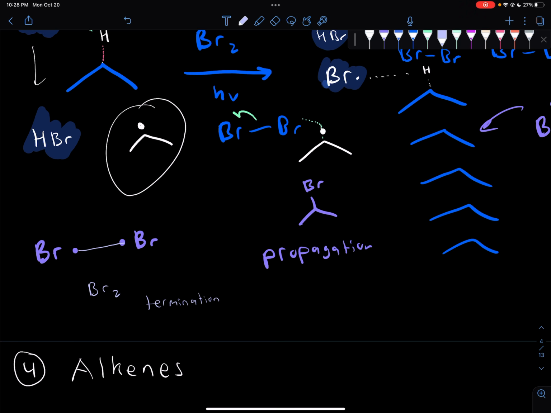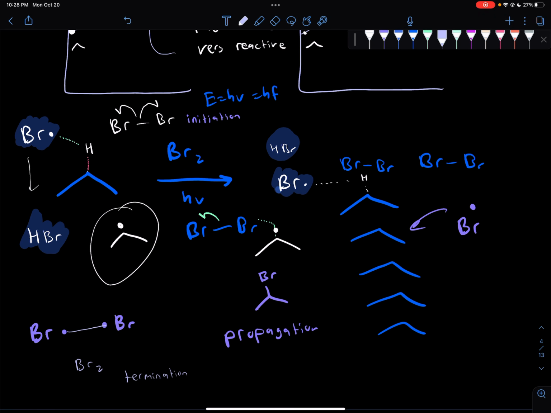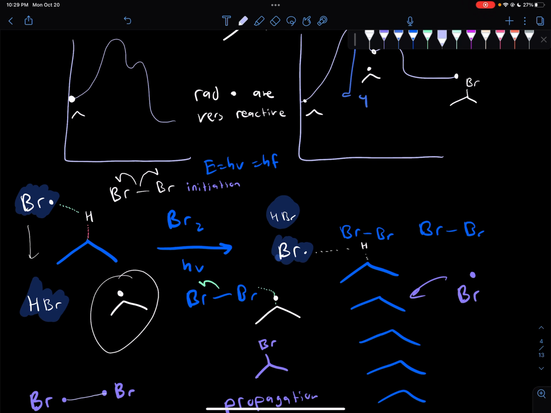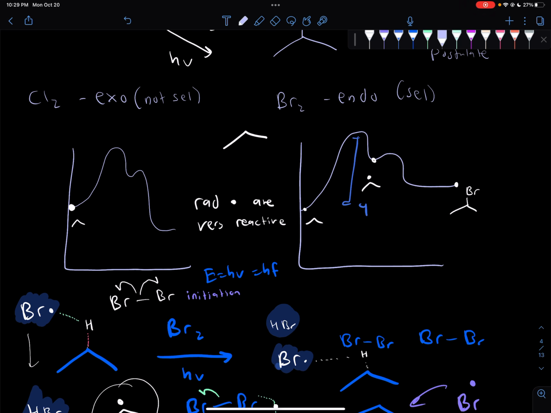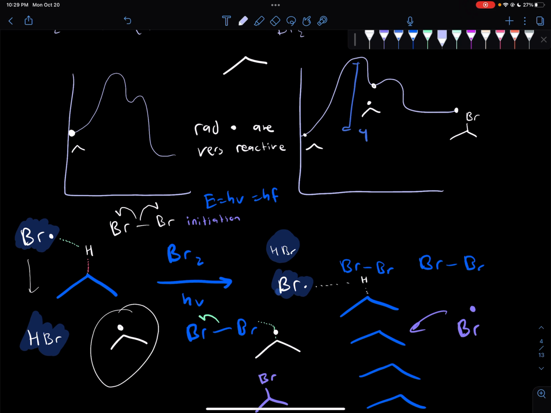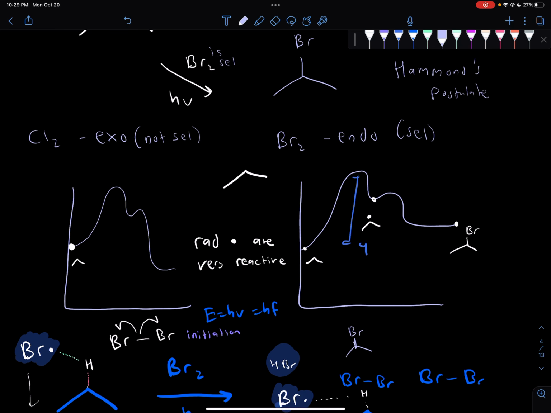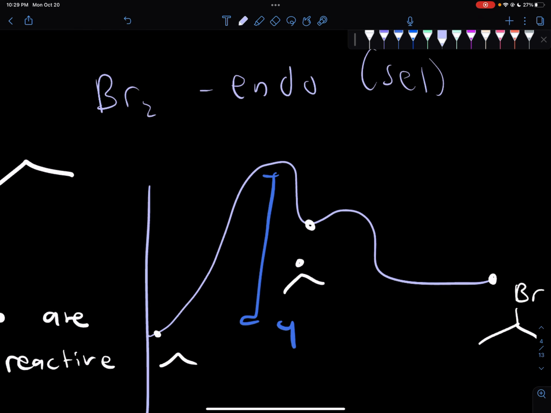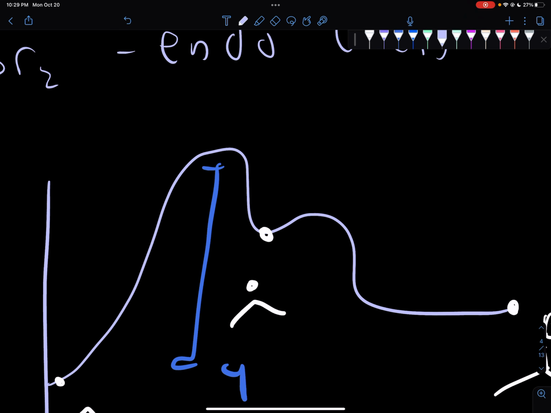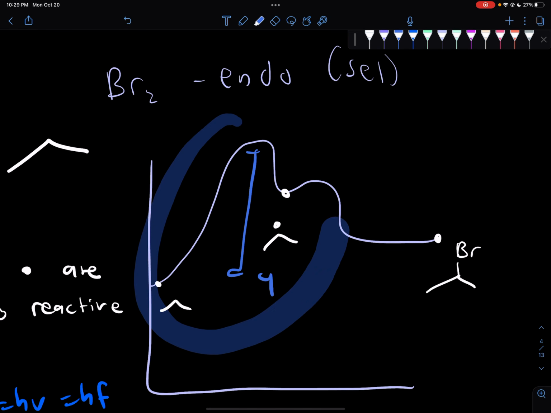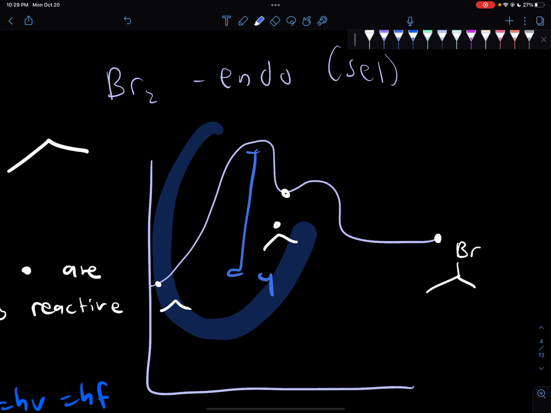Okay? So here's the thing. I told you that you don't really have to know all of this, but there is a key thing I want you to recognize. And it goes along with why bromine just forms over here. Take a look at this, right? It doesn't matter which graph you're looking at, but this right here is your rate determining step.